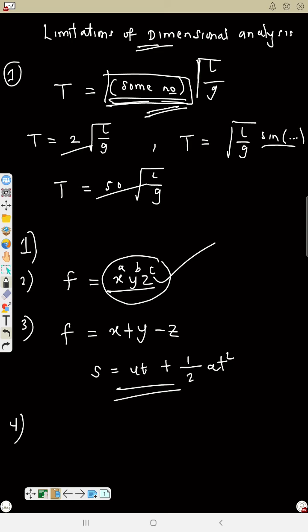So we can have only 3 variables, only 3 dependent quantities. That's what we can only have in using dimensional analysis, since we are using MLT. That is another limitation: it can only allow us to use MLT so that we can have only 3 variables.